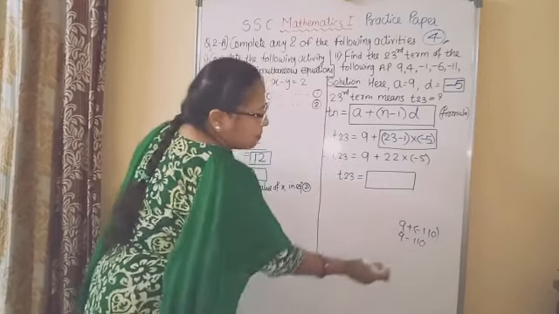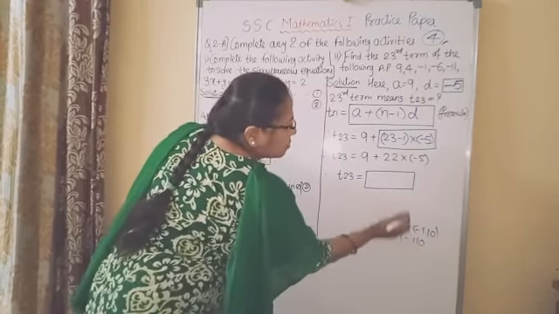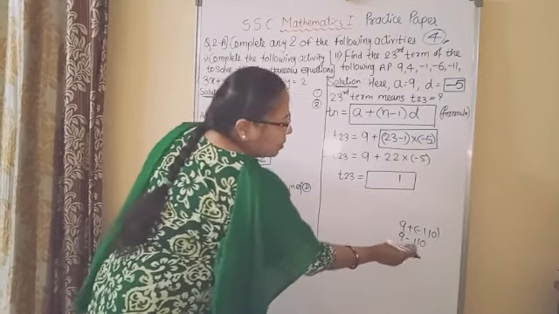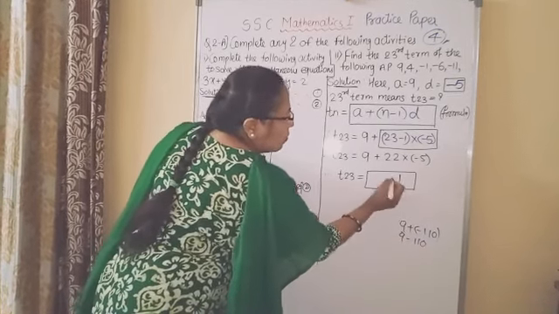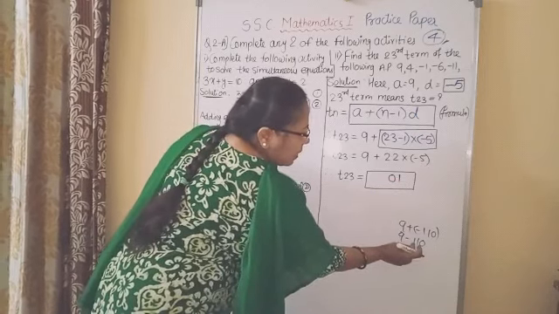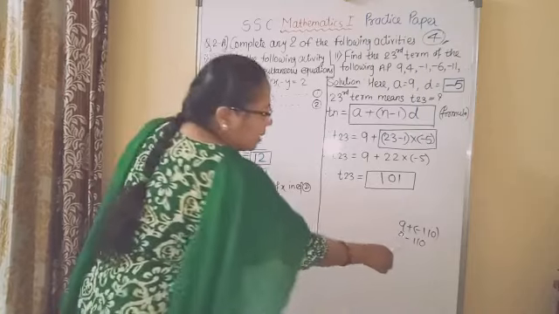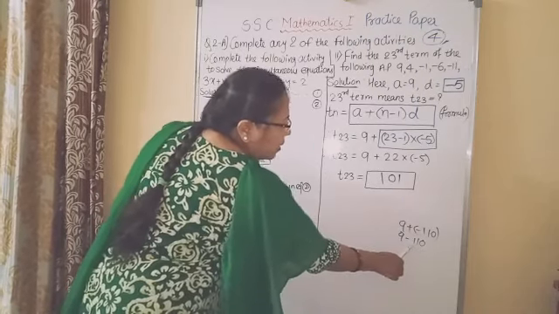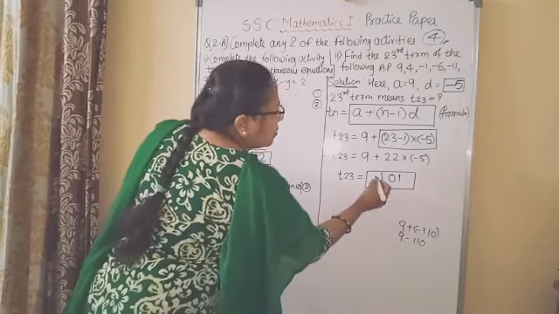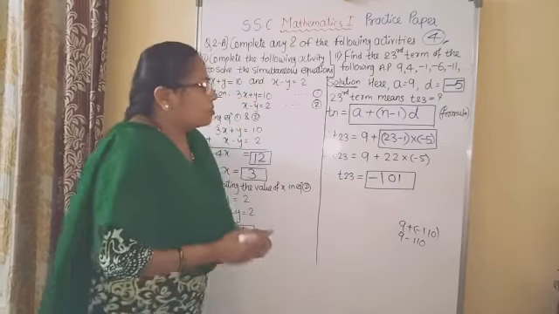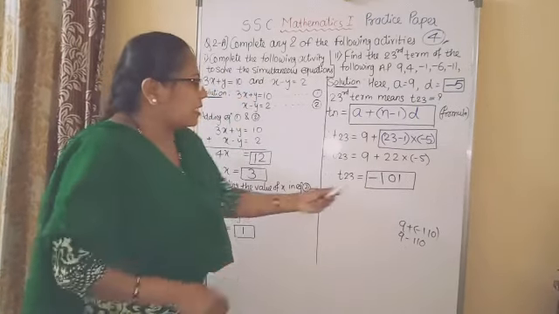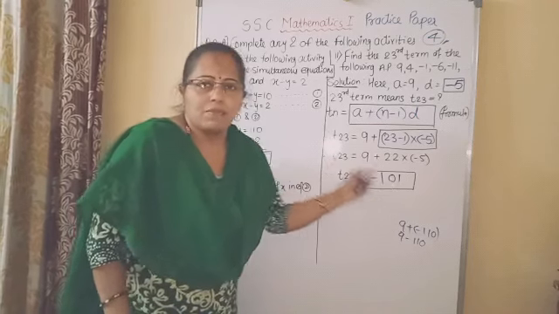Now subtract this. 10 minus 1, 9, 1. 0 minus 0, 0. And 1 minus 0, 1. 101. And 110 is bigger number. It is having minus sign. So here write minus. So t23 is equal to minus 101.